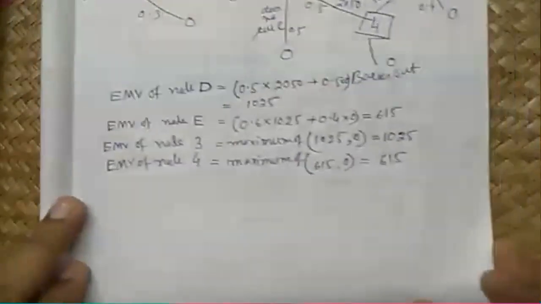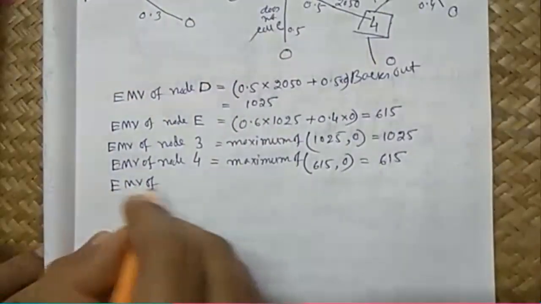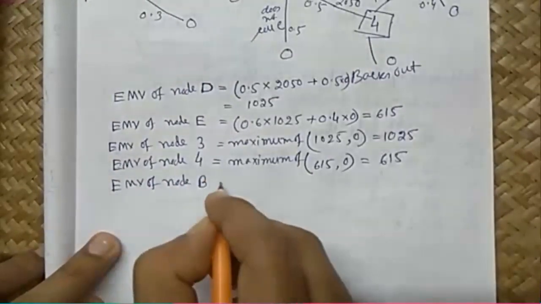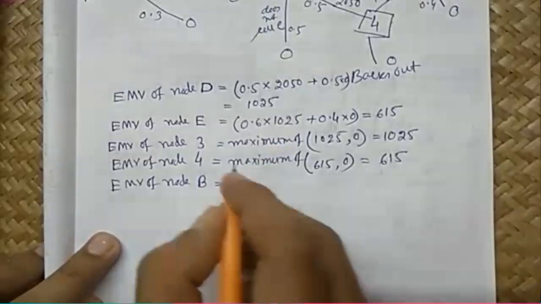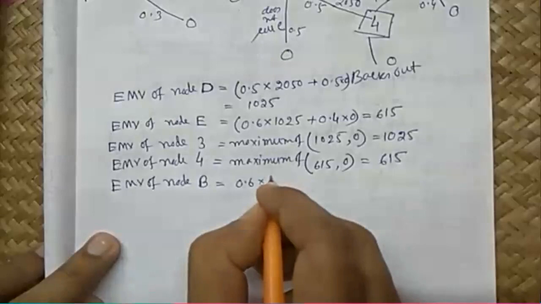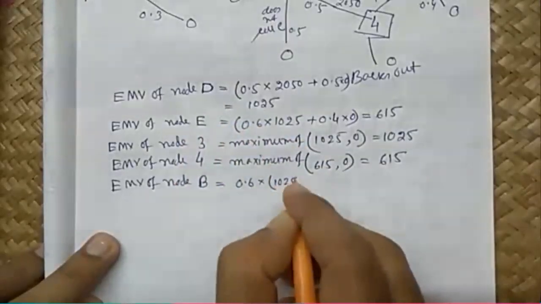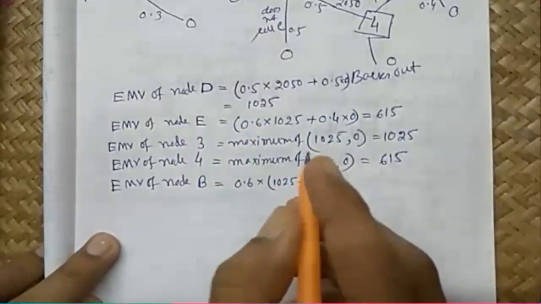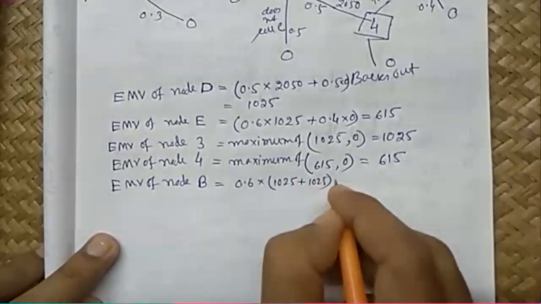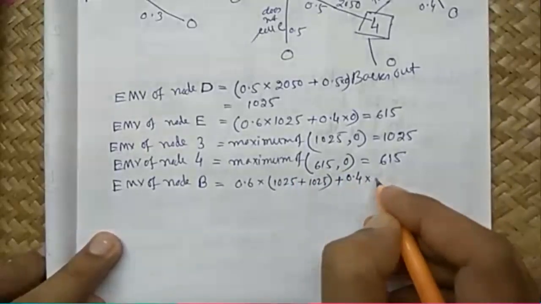Then we go more left, EMV of node B. EMV of node B will be 0.6 into his payoff 1025 plus EMV of node 3, which is again 1025, plus 0.4 into does not sell, payoff 0.